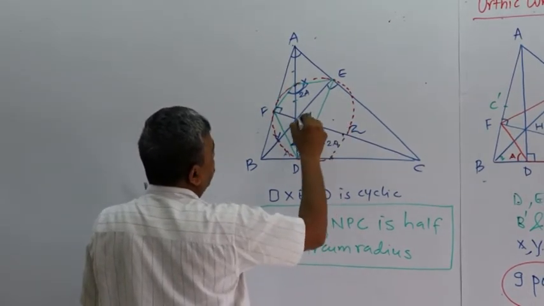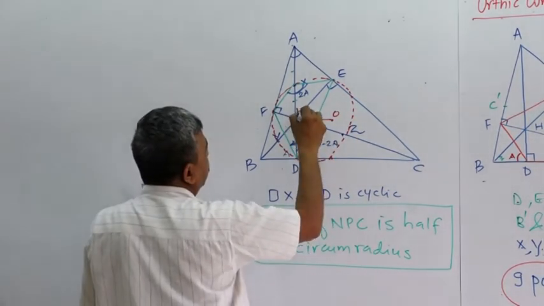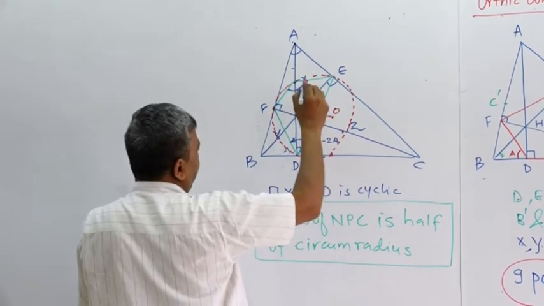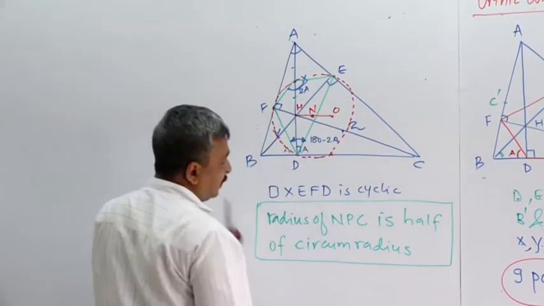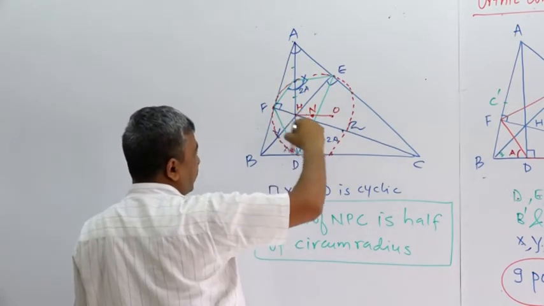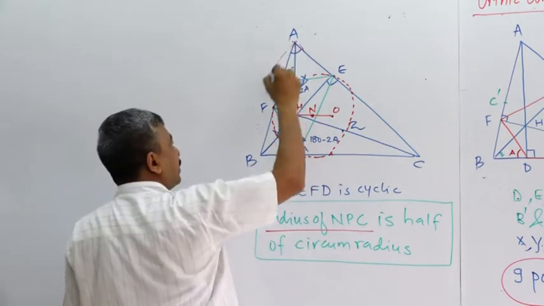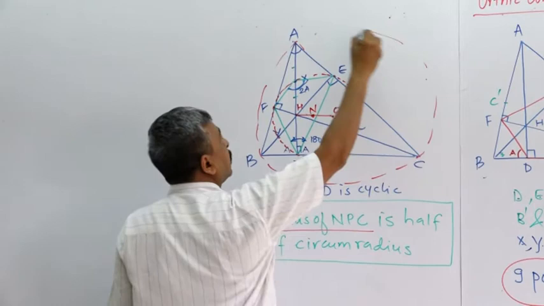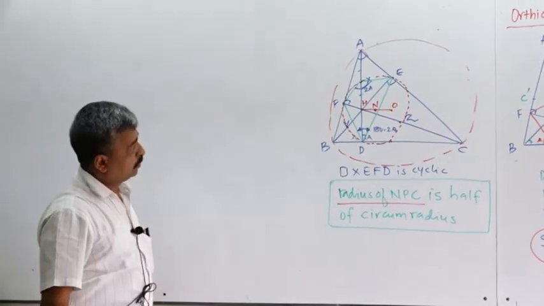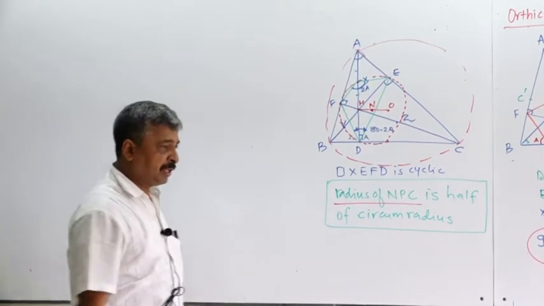Now it happens to be the midpoint of O and H, which is called N, and then the radius of this 9-point circle is exactly half of that of the circumcircle. I will prove it a little later, but we will require this result for finding out different lengths.